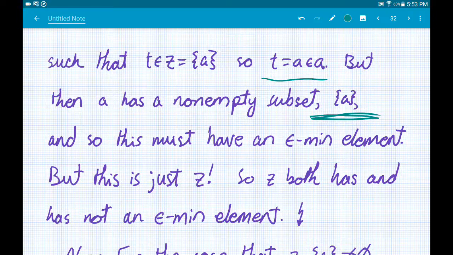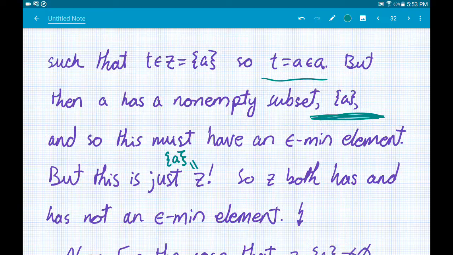But notice, and I'm doing so many references to previously stated things, that this set {a} just is Z. So we have established that Z has an in-min element, and by the earlier assumption, it does not have an in-min element. There is our contradiction. So a is the in-min element of Z from way back when we made the first assumption for contradiction.